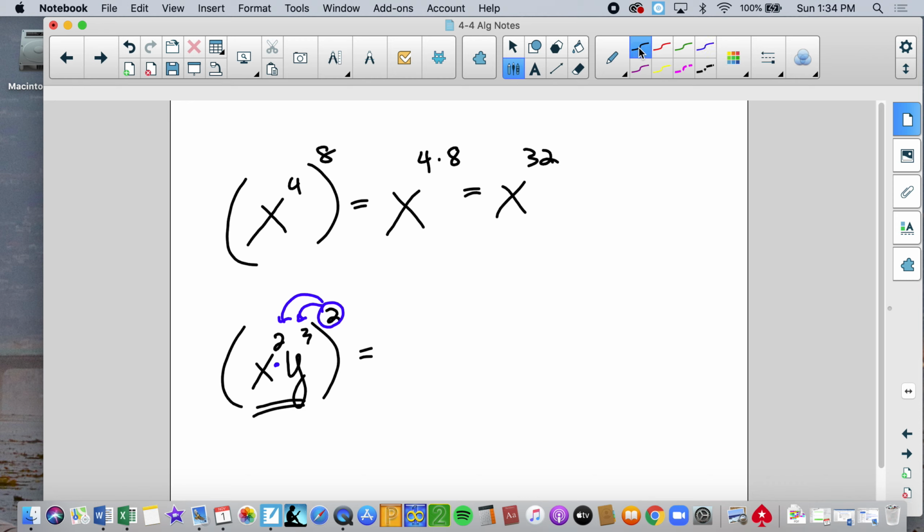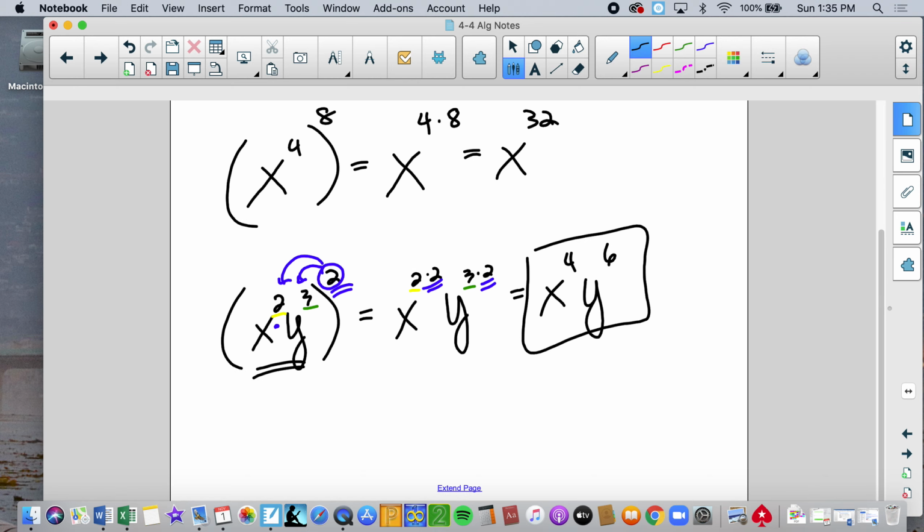So this becomes x to the second times 2, y to the third times 2. You notice that we distributed that 2 into each of the terms, x to the second and y to the third. So my answer is going to be x to the fourth, y to the sixth.